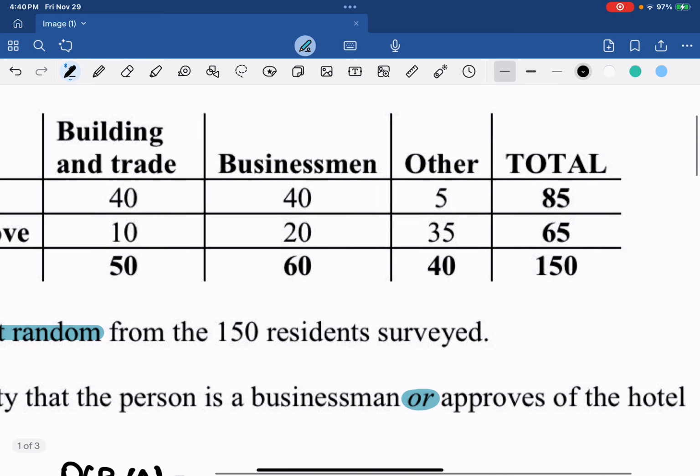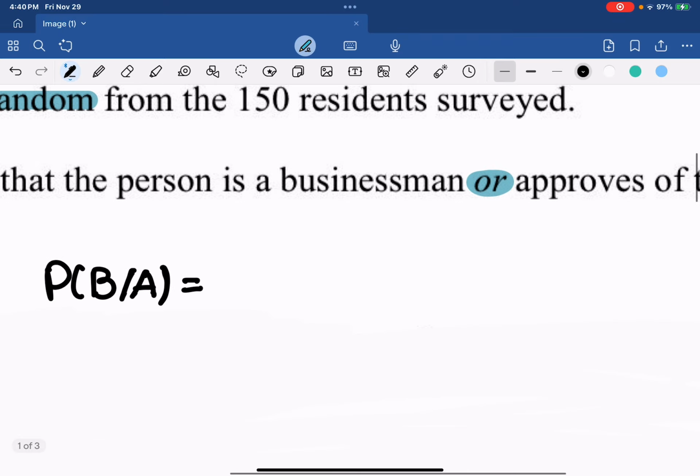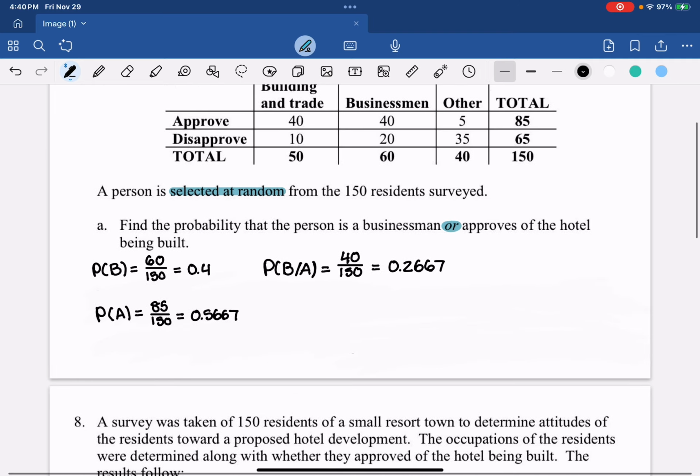As we said, that's 40 because we draw it across right there. So it's 40 over, again, 150. It comes out to be roughly, we're going to estimate, 0.2667.